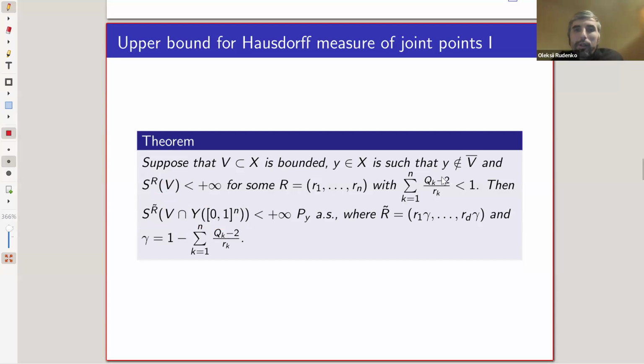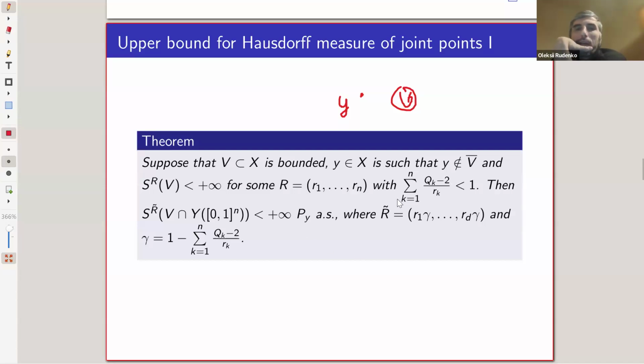And the only condition that I need is this. Then V has to be bounded and Y has to be some distance from V. So this is just a picture here. We have some set and some point some distance away.